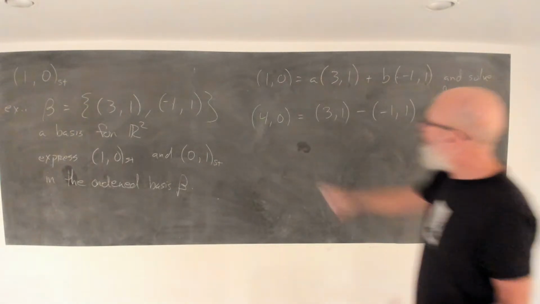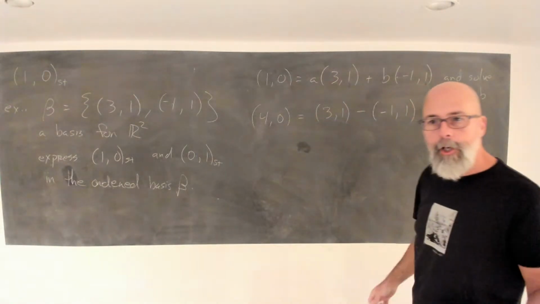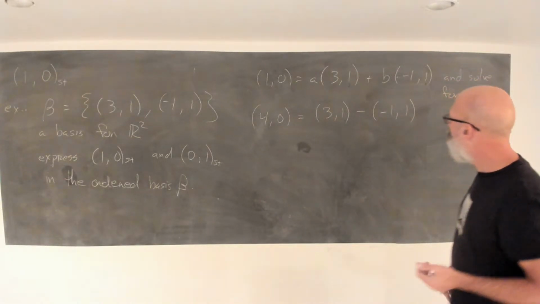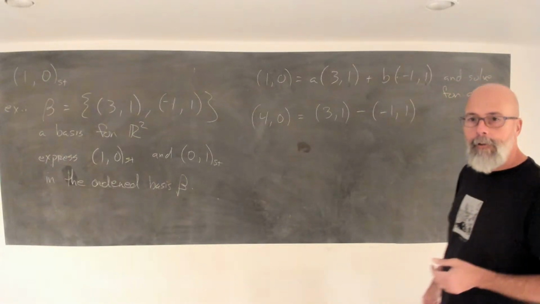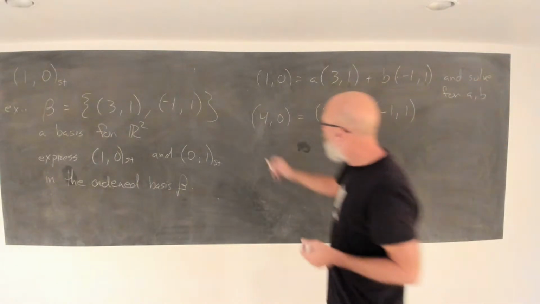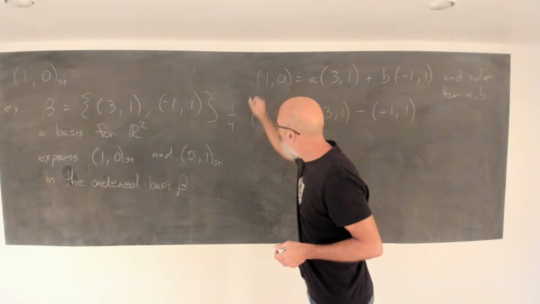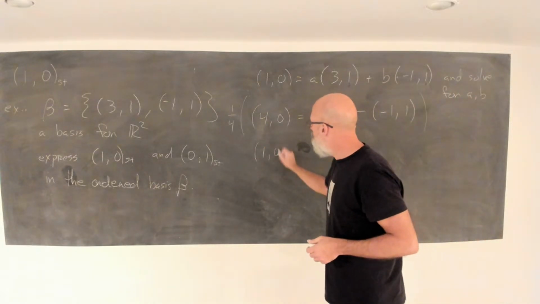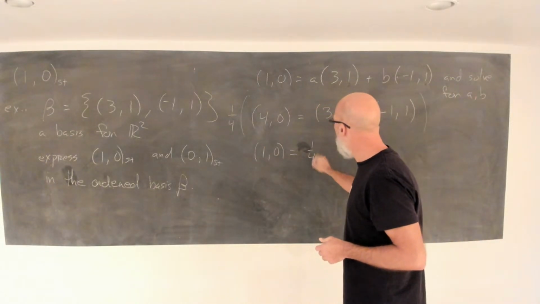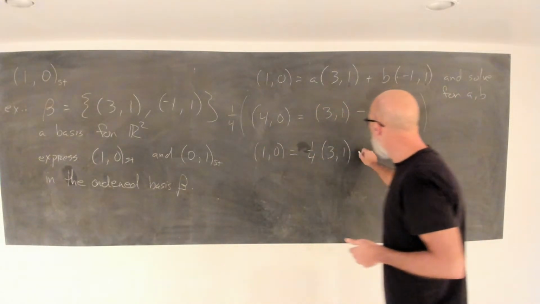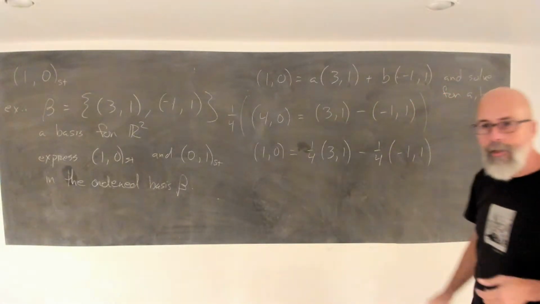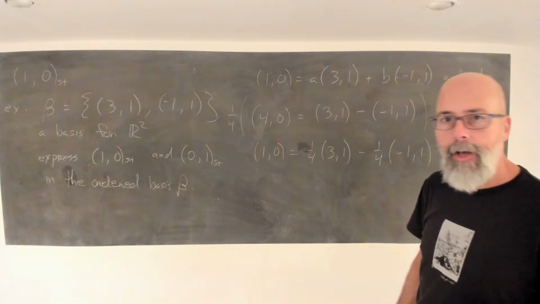And now we want the vector (1, 0). What are you going to do? Multiply both sides by 1/4. And so we get (1, 0) as 1/4 the vector (3, 1) minus 1/4 the vector (-1, 1). Very nice. Absolutely.